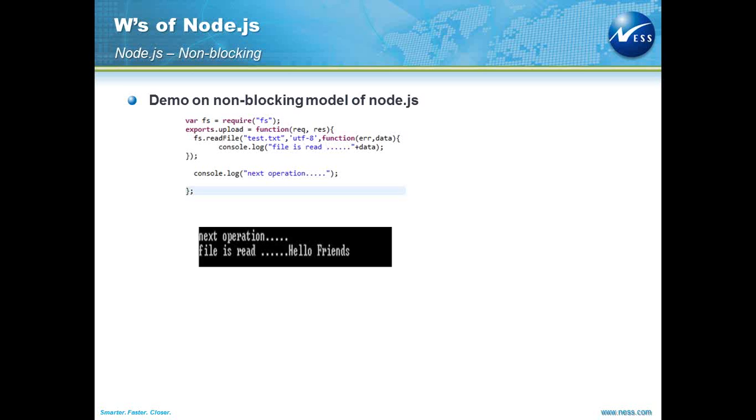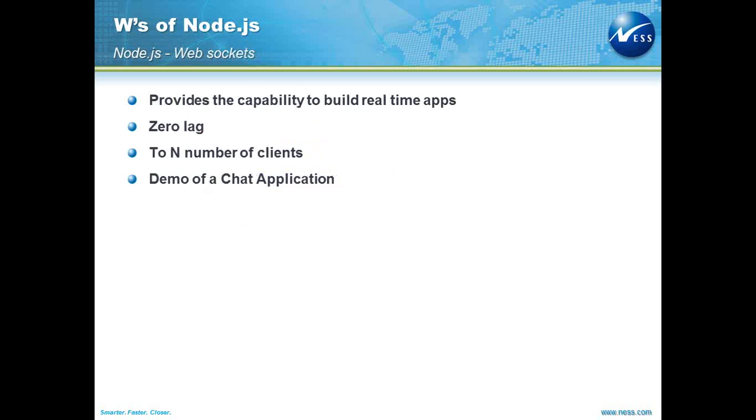So what you see in the output is next operation and then file is read. So you could do other processing that does not need your I/O to be completed, which is the power of a non-blocking model, right?